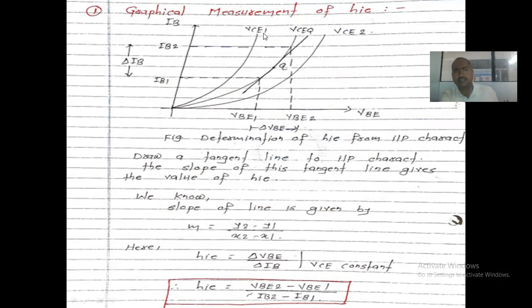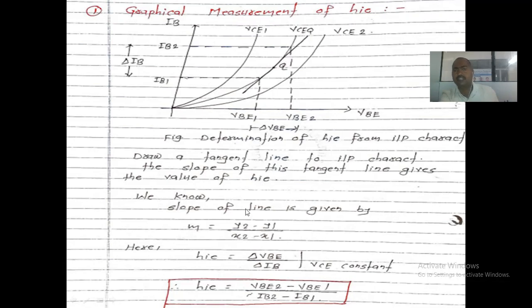So VC1 is the same. If you consider it as 8, it should be 8 for the different values of VB as well as IB. If VC is considered as 10, then that value must be 10 as we increase the VB value and take the IB value.